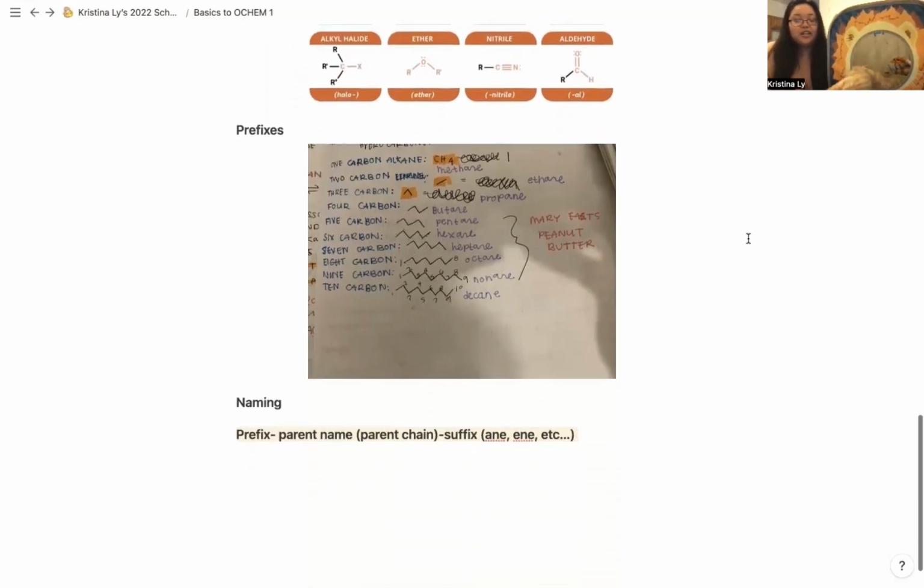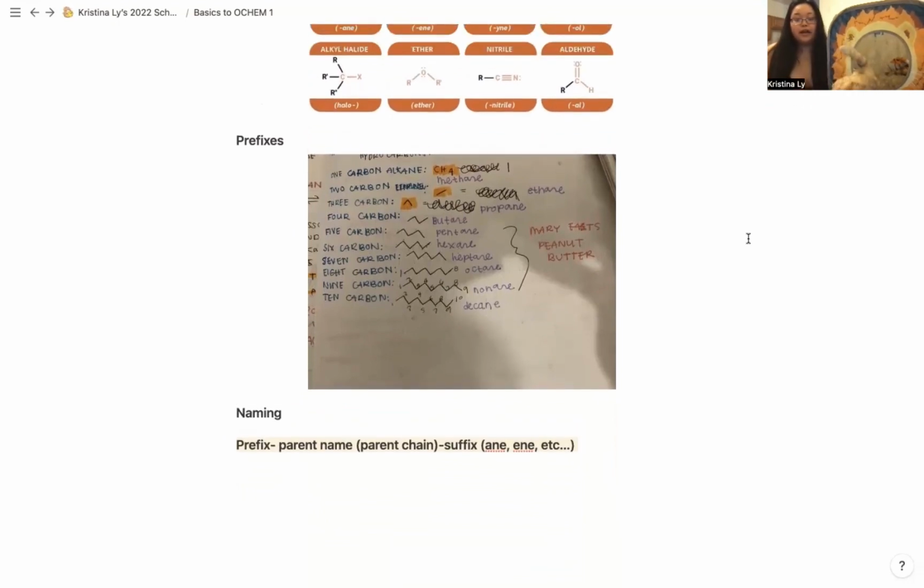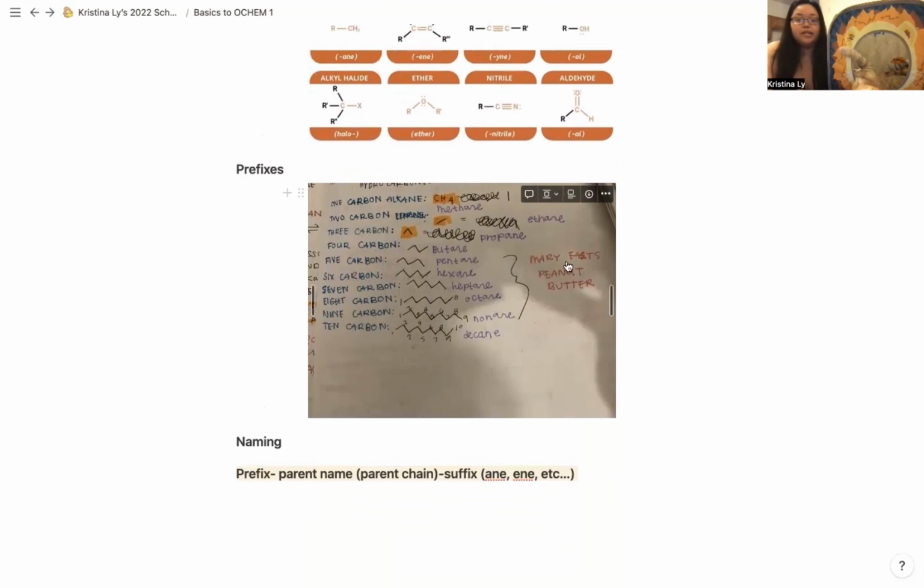But then we have prefixes, and prefixes are the beginning of how you name a compound. How I remember it is called Mary Eats Peanut Butter, which sounds so silly, but it does help. So Mary stands for methane that has only 1 carbon, and it looks like this, a stick.